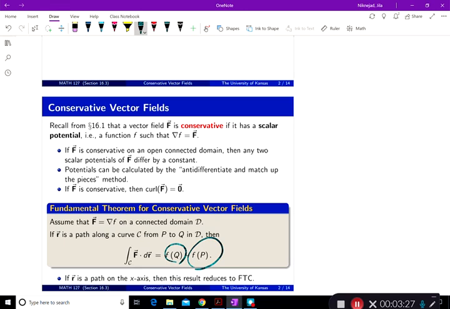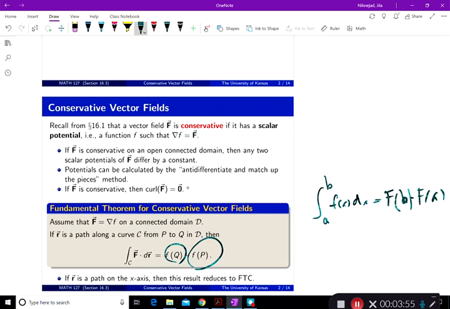What does this look like? Remember, from calculus of one variable, the integral from a to b of f of x dx, for example, is going to be capital F, the antiderivative, at b, minus F at a.